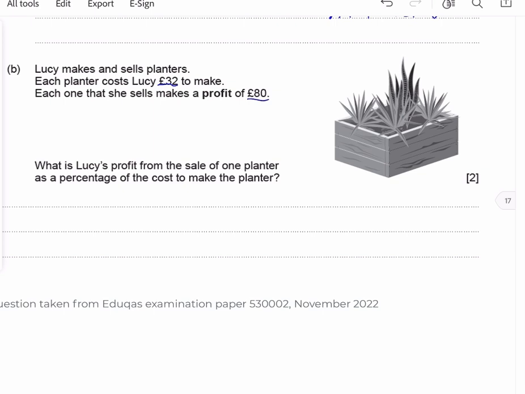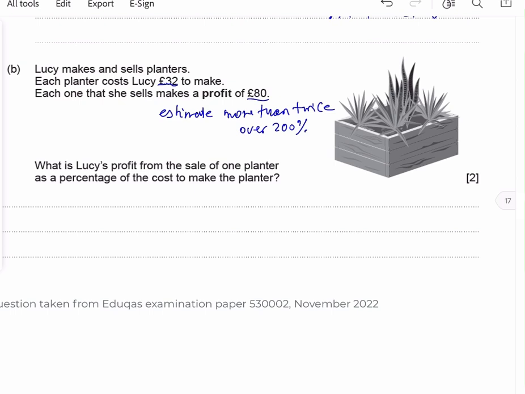Next question. Lucy makes and sells planters. Each planter cost Lucy £32 to make, and each one that she sells makes a profit of £80. So before you answer this question, you're going to estimate the profit. How much profit is that? It's definitely more than 100%, actually more than double. So we're expecting to get something like over 200% of profit.